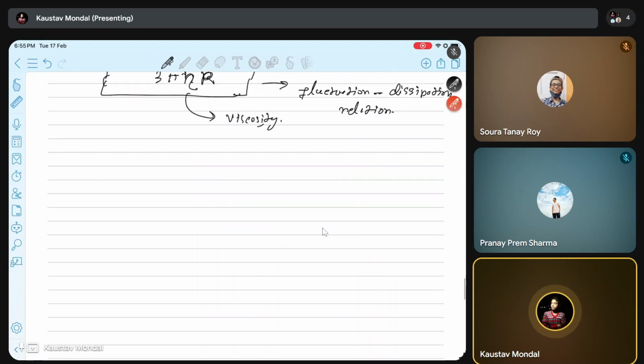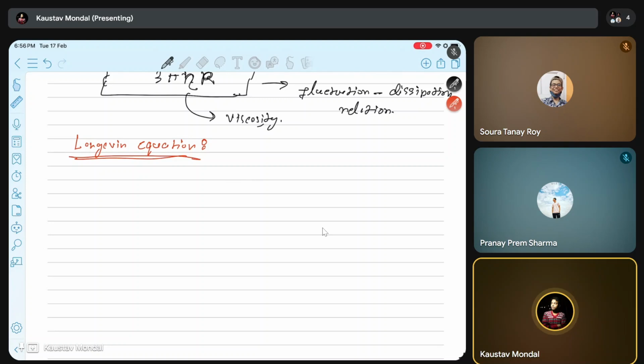Now there is a treatment that is known as the Langevin treatment. What Langevin did, since these particles move, face collisions, and have random motions, to consider all of these things in a single place, he proposed the equation of motion for these Brownian particles.